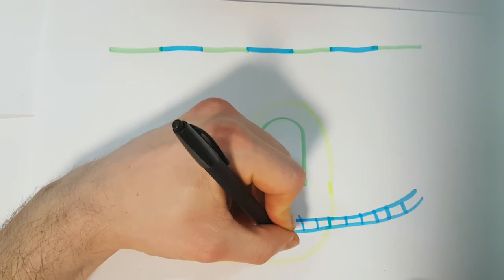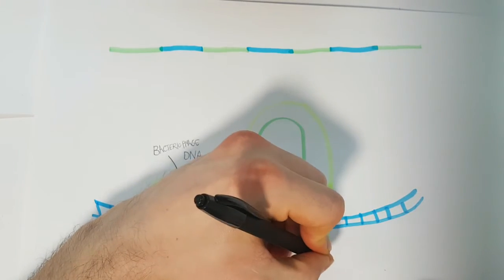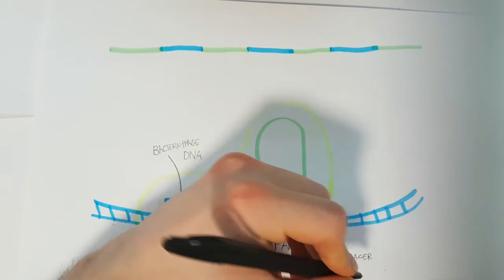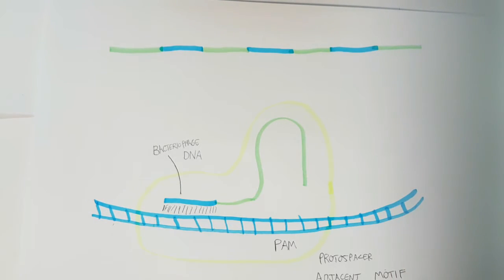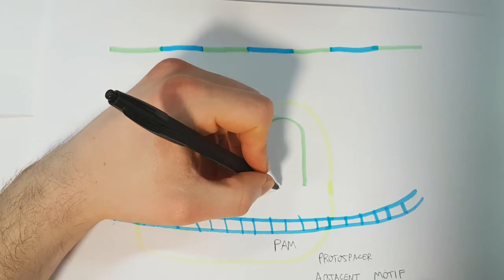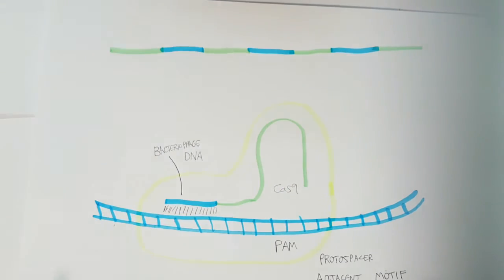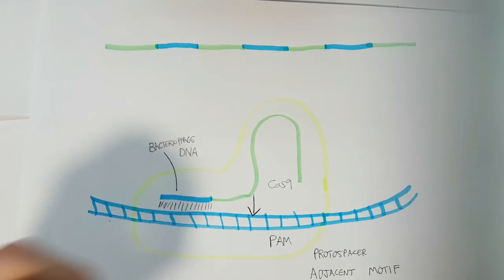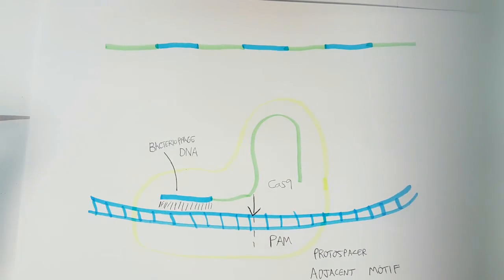Adjacent to the sequence of bacteriophage DNA, there must exist a protospacer adjacent motif, that is, a short sequence of DNA bases which is recognized by the Cas9 enzyme. The Cas9 enzyme then induces a double-strand break within the bacteriophage DNA.